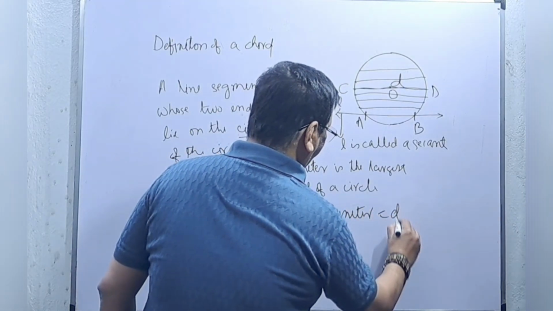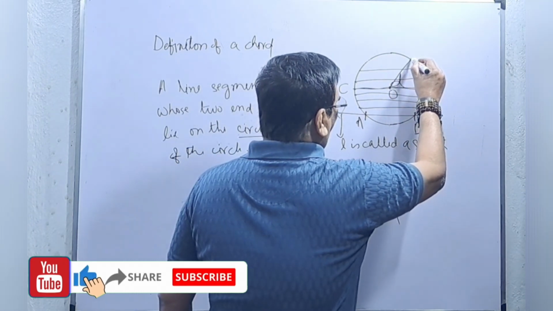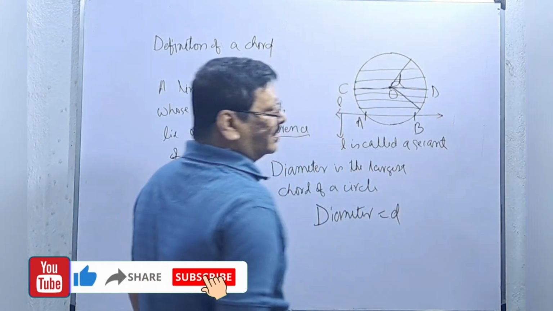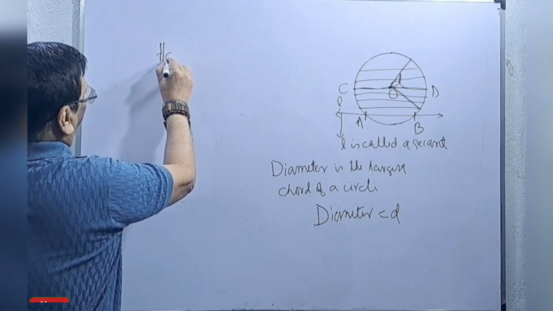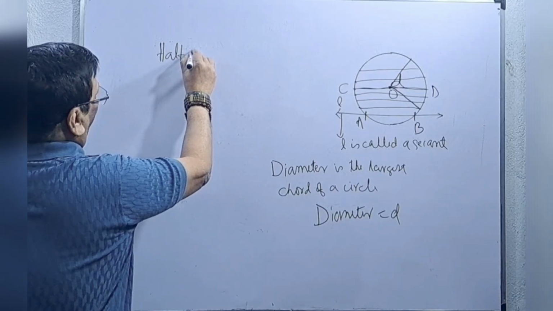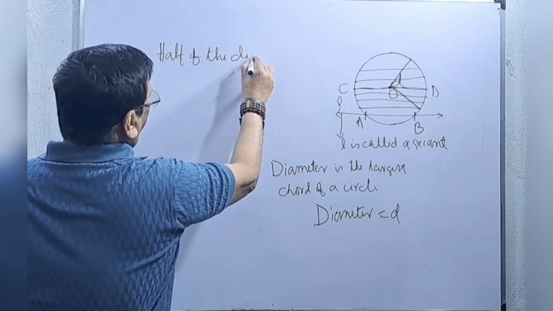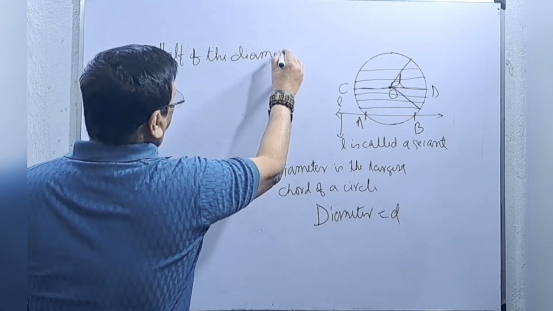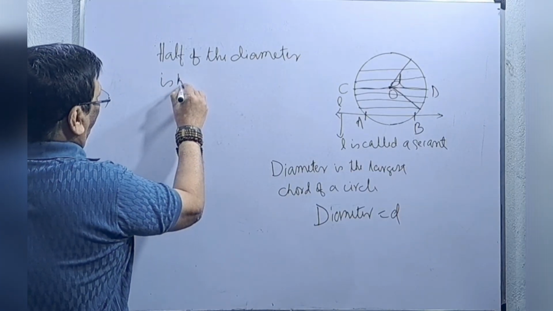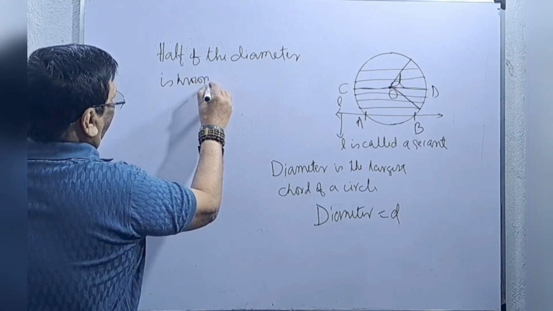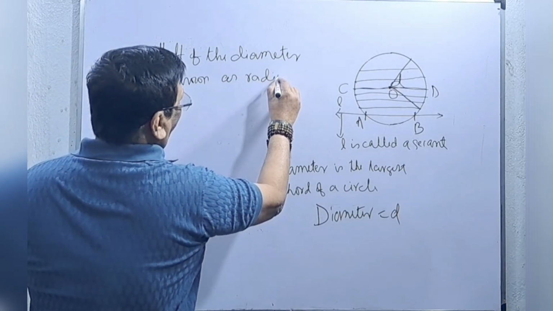Now half of the diameter, like this or this, is called the radius. So half of the diameter is known as radius, correct?